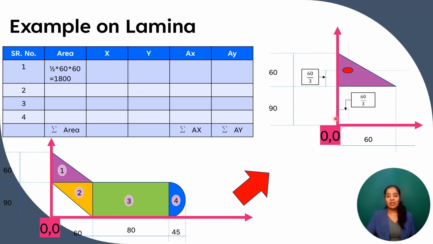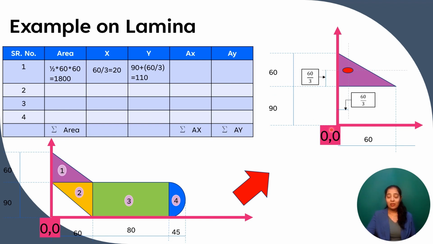The x coordinate, that means the distance of this CG from this y axis. So it is 60/3. Now the y coordinate of this CG, it is this much, 90 plus 60/3.